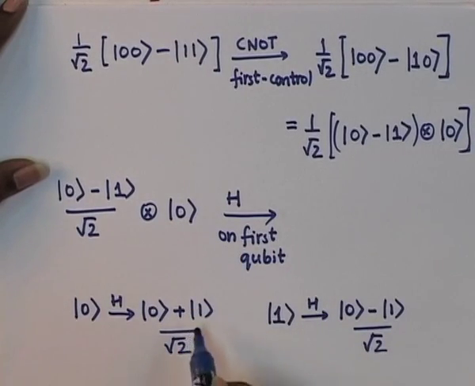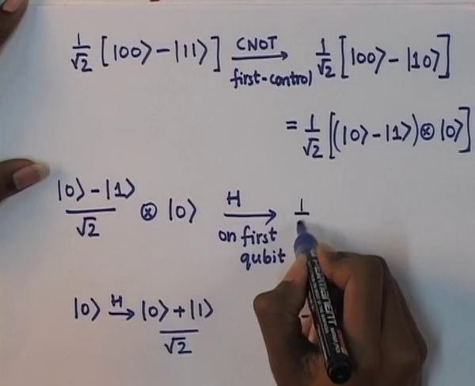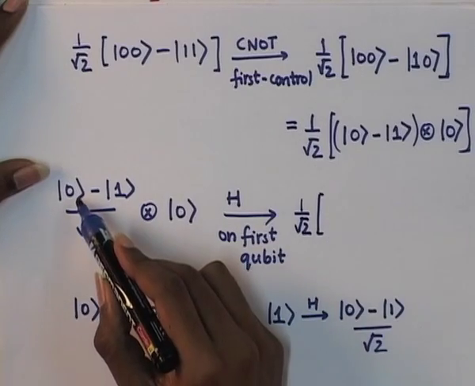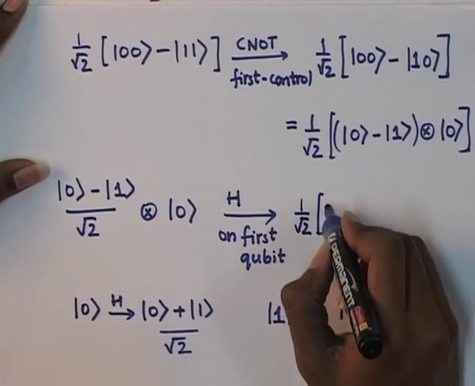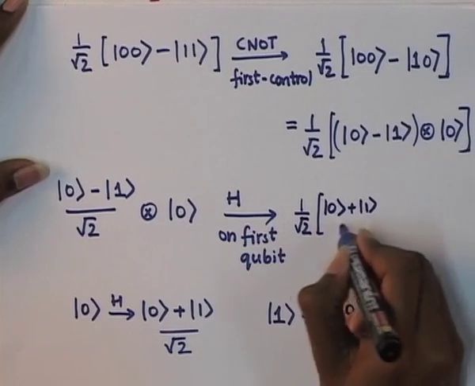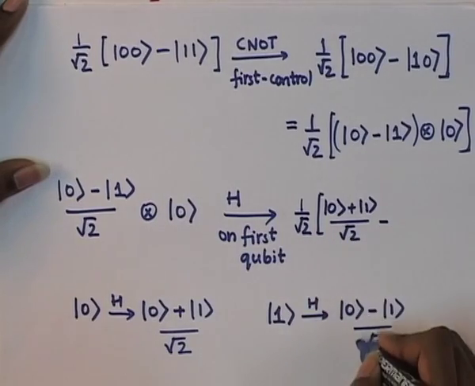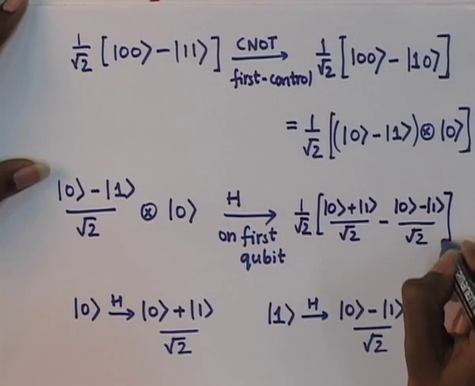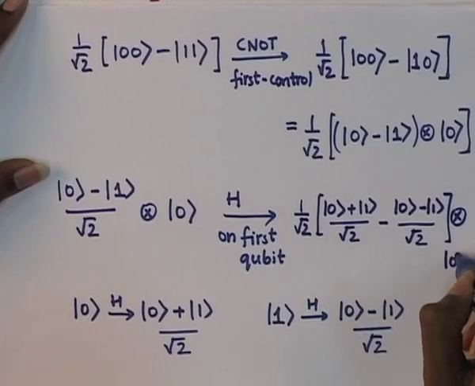On subtracting these two terms, we obtain qubit 1 divided by square root 2 times, so we write this down, we obtain 1 by square root 2 times applying Hadamard gate on the first qubit gives, on the second qubit it gives, times qubit 0.